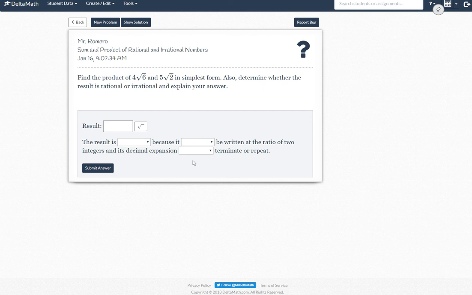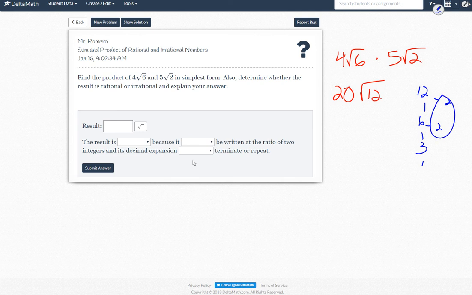Okay, this one says product. Product is multiplication. 4 square root of 6 times 5 square root of 2. So here the radicals don't match, but that's fine. It's multiplication. On the outside, what is 5 times 4? 5 times 4 is 20. On the inside, 6 times 2 is 12. Am I done? No, because that 12 maybe could be simplified. And it can. I can bring out an extra 2.